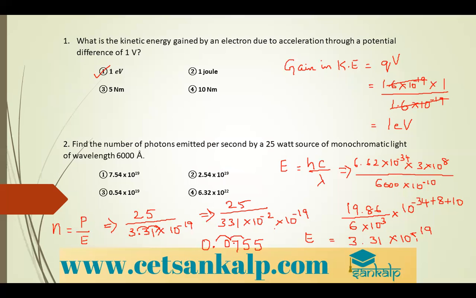So finally you'll get the answer as 7.55 into 10 to the power minus 19. That is your n value. So option 1 only. Write it down.